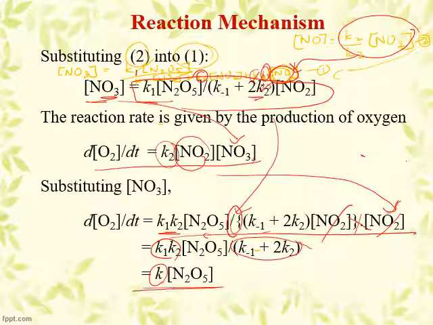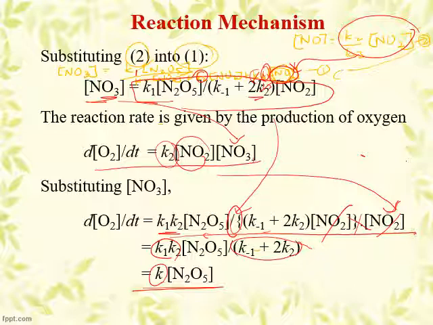So this is the rate law solved using the steady state approximation. You have two options, either to solve the reaction mechanism rate law using the rate determining step, or you use the steady state approximation. Either way will do.